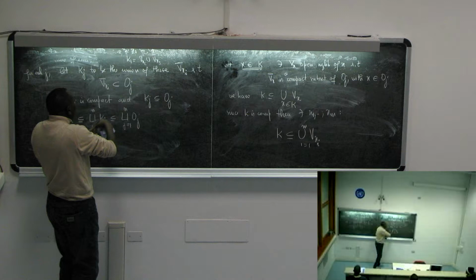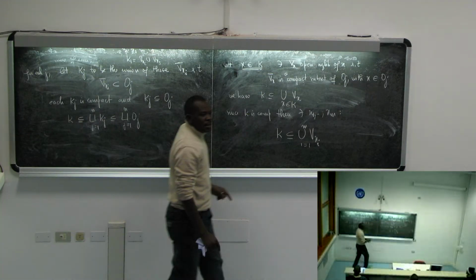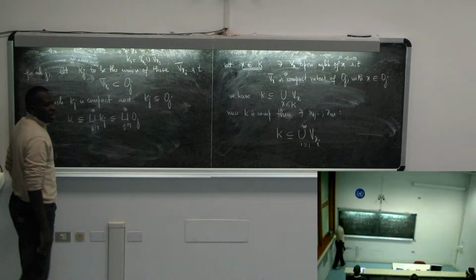If I take the union of all that, I get a set which contains K, because each Vxi you take here is in some Oj. So K is in this union. And each Kj is in Oj, so I have this inclusion.